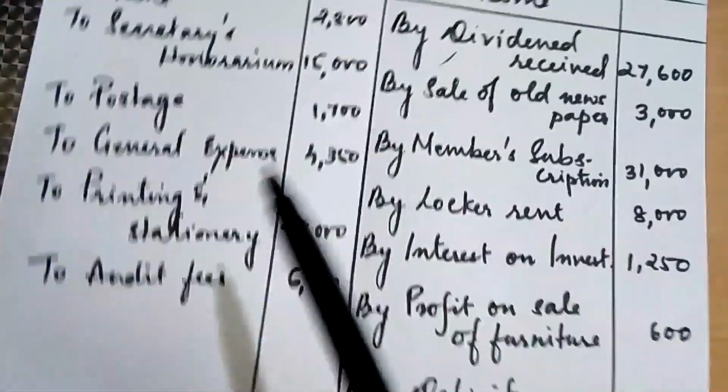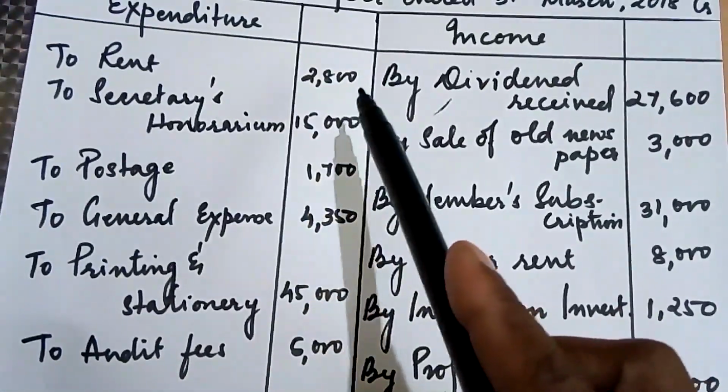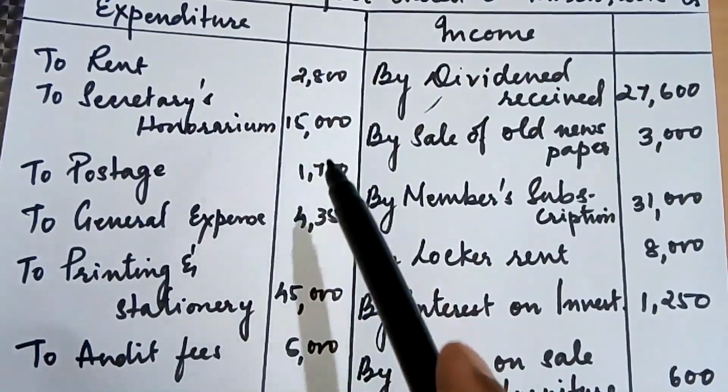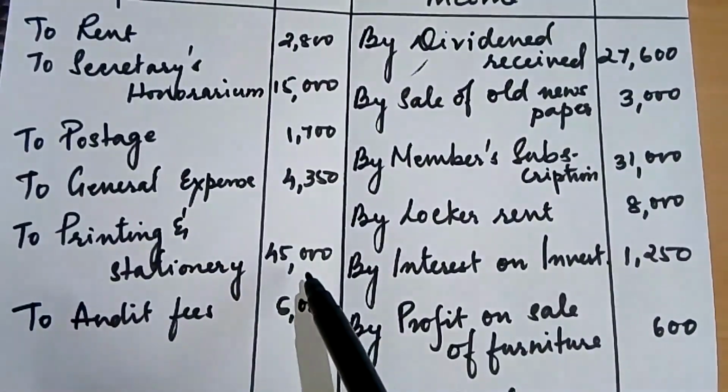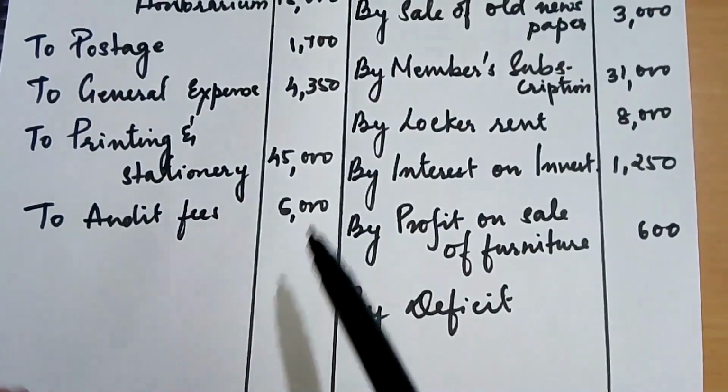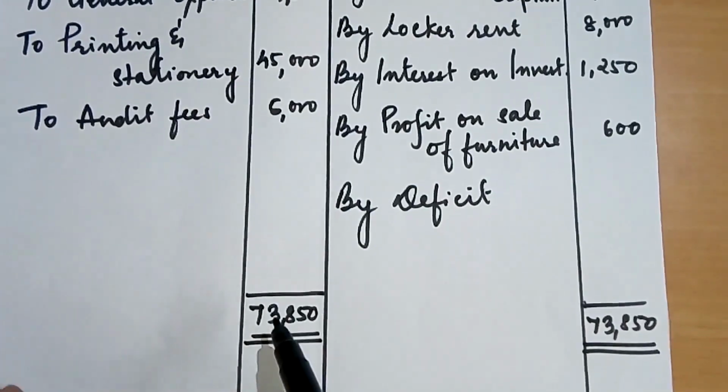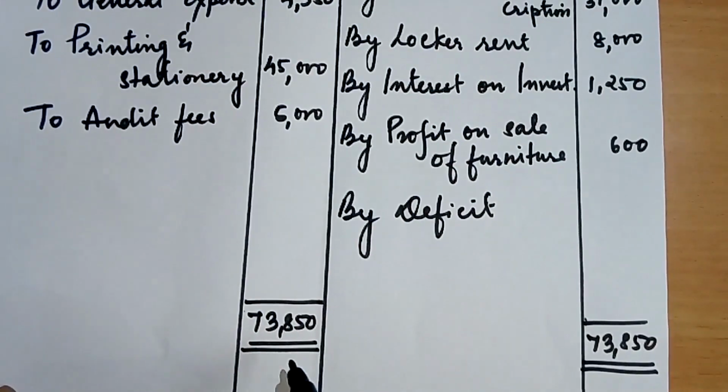Now we add up. We add all this on the debit side, that is 2,800, 15,000, 1,700, 4,350, 45,000 and 5,000, and we get the total of 73,850.